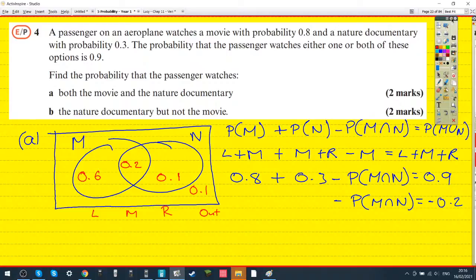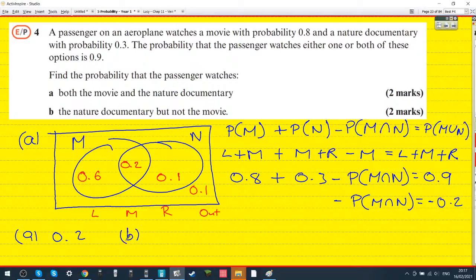Right, now we can do this stuff, I think. So what is part A? What is part B? So both the movie and the documentary is 0.2 out of 1. And B? 0.1. The nature documentary but not the movie, 0.1.